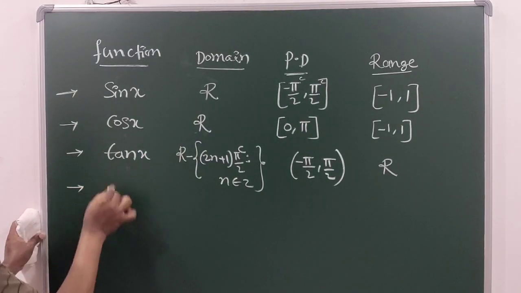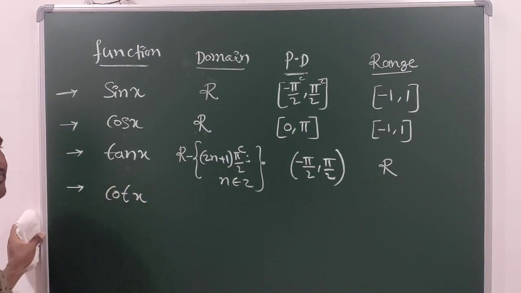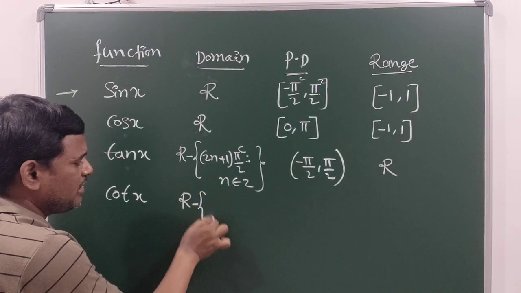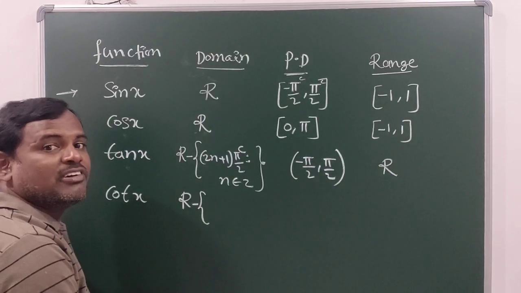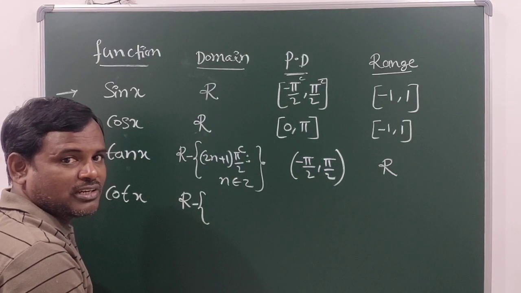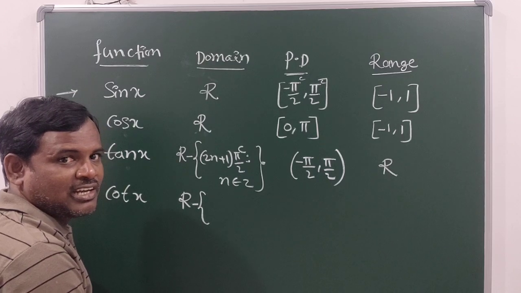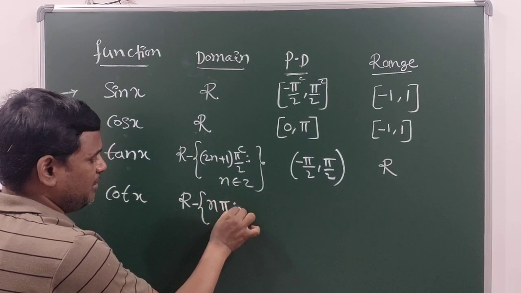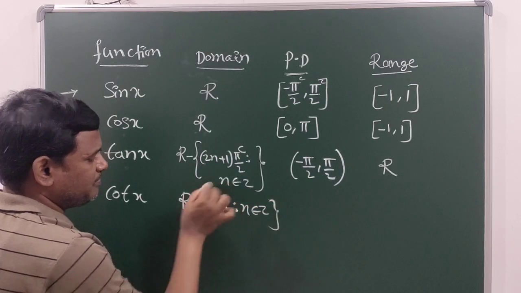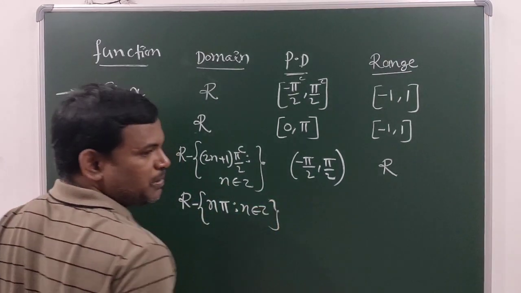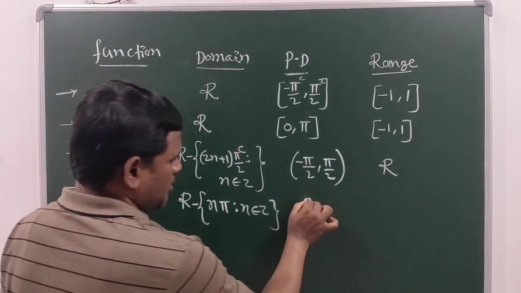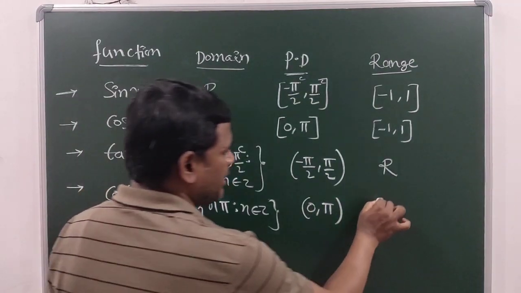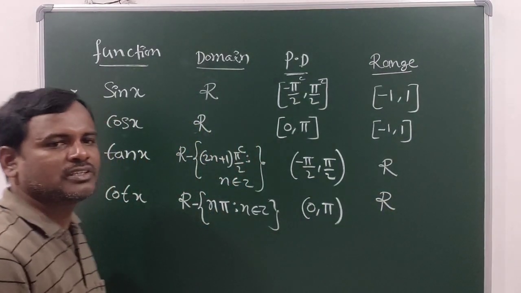Now let us go to the cot function, cot x. The cot function will not be defined at even multiples of 90, that is, n pi, where n belongs to Z. Its principal domain is the open interval 0 to pi, whereas the range is the set of real numbers.